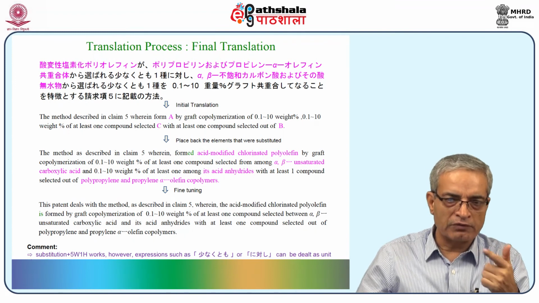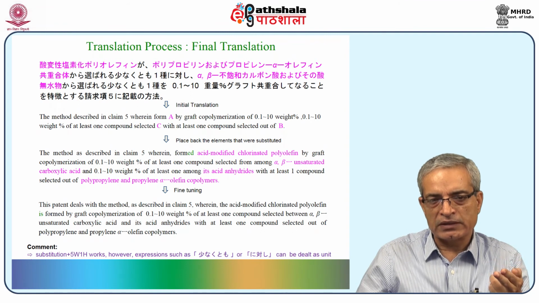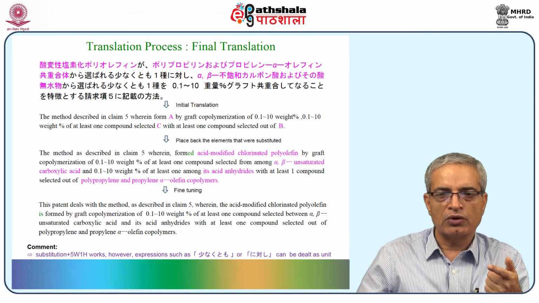When we do the fine tuning, then see what happens. This patent deals with the method as described in claim 5, clear up to here, wherein the acid modified chlorinated polyolefin is formed.